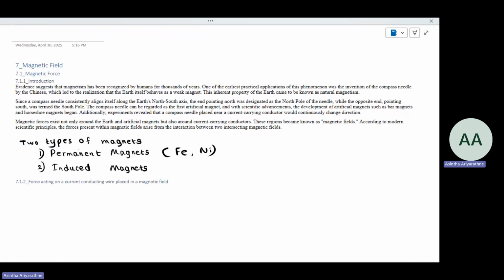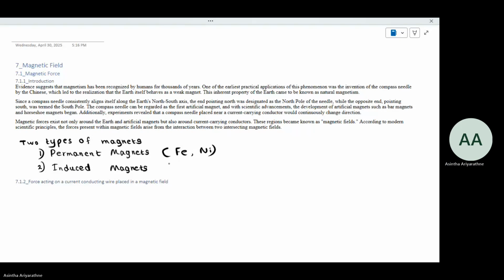The magnetic properties of an induced magnet are temporary, and can be observed only if current flows through that element. If you consider a conductor, and current flows through the conductor, then that conductor becomes an induced magnet.